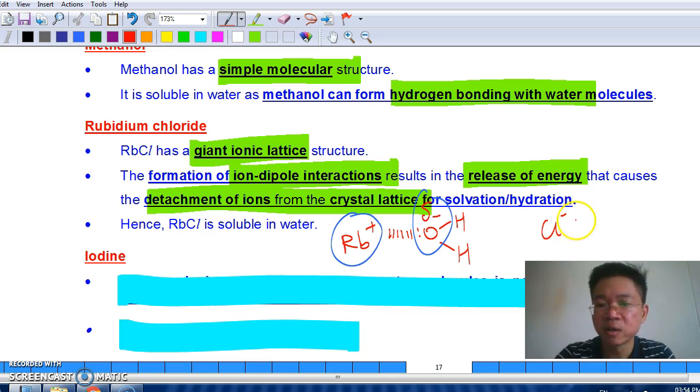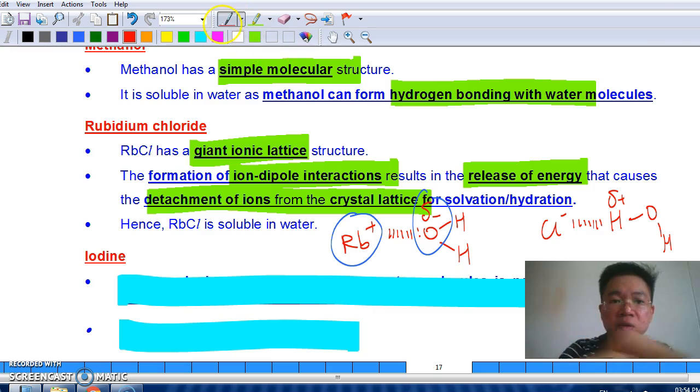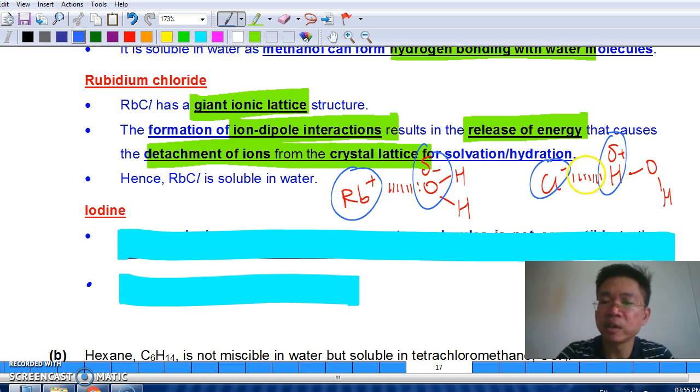Cl minus will form interaction with the H of water. This is delta plus. So as you can see, this is my ion, this is my dipole, ion-dipole interaction, and I need to label it. This is called ion-dipole interaction.